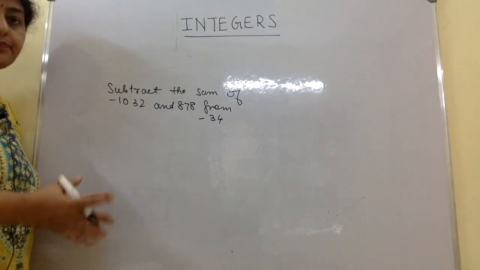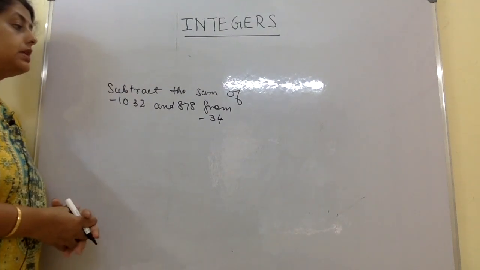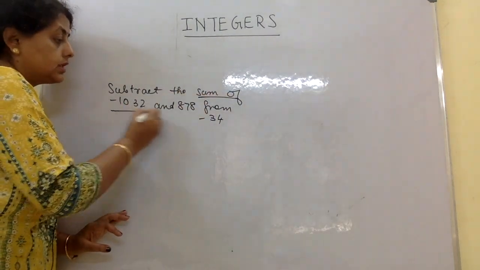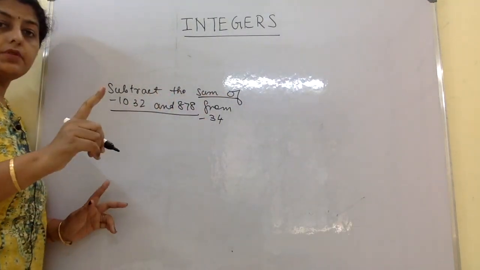Now this sum. First thing is we'll take the sum in parts. The sum of this till here, we'll finish that first.